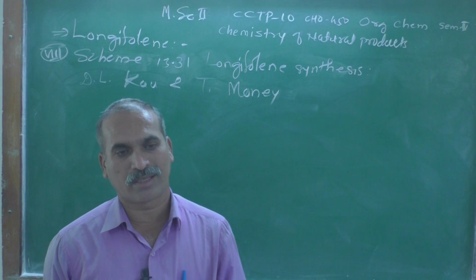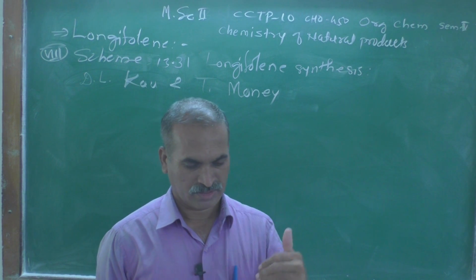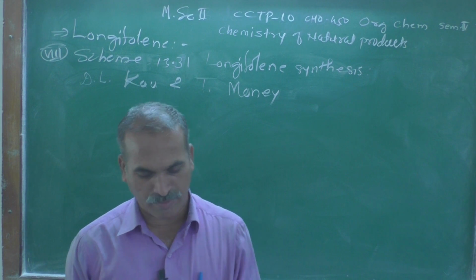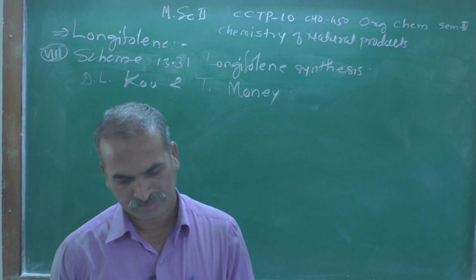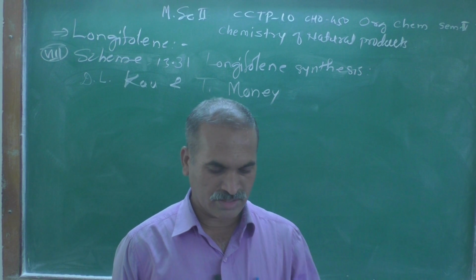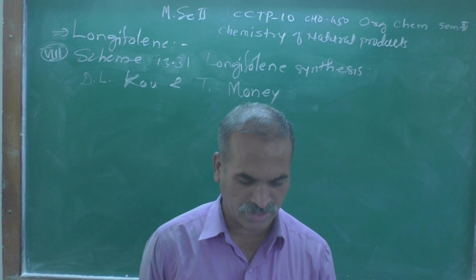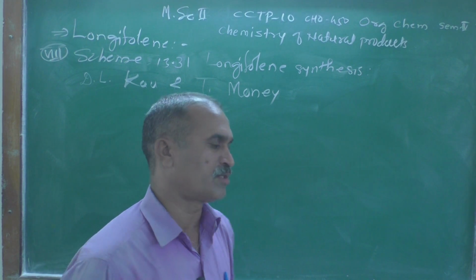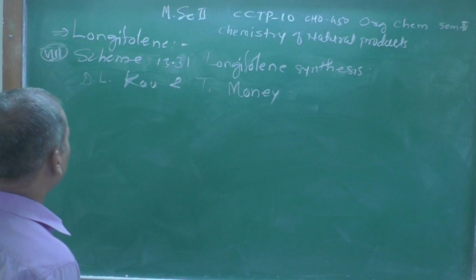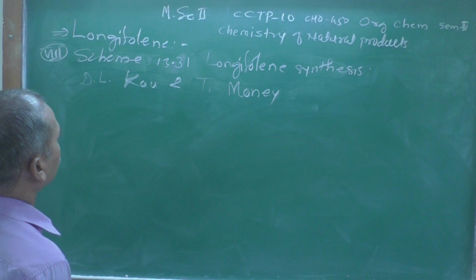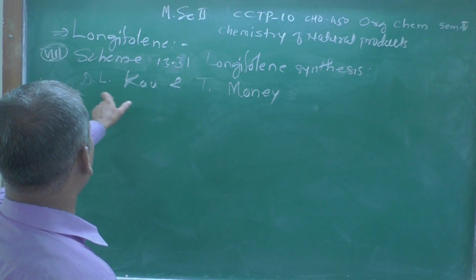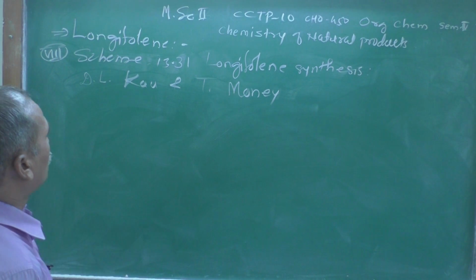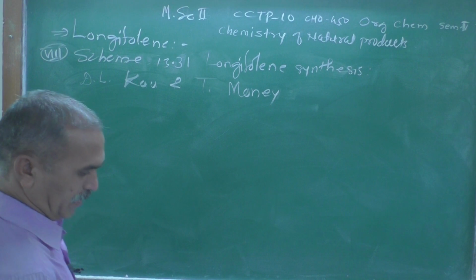This is the second last way of synthesizing longifolene in the laboratory that we are discussing. This is scheme number 13.31, longifolene synthesis. This synthesis was described by two scientists, D.L. Coe and T. Manning.